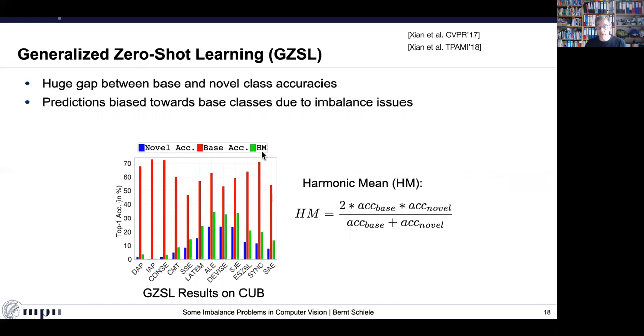And if you use the harmonic mean, as we propose, to measure the balance between the two performances, you can judge what has a reasonable trade-off. But really, we should look at both the novel class as well as the base class performance. Okay, I just wanted to mention this benchmark in case you haven't heard about it.